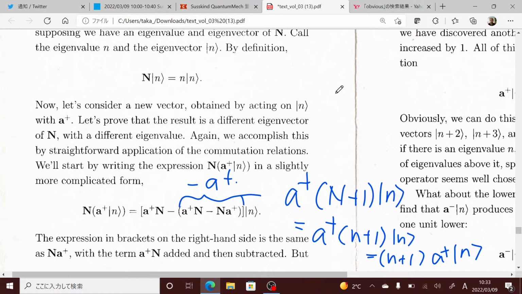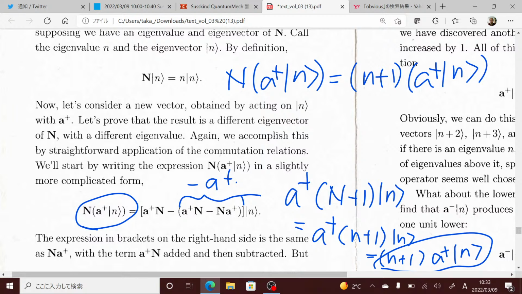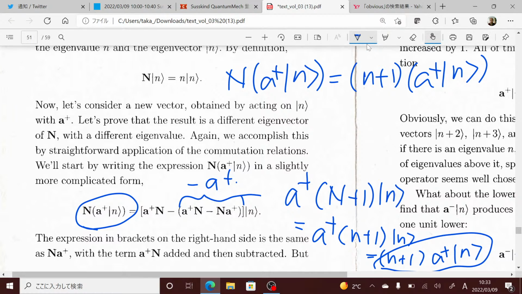Then you can compare this thing and this thing. So now you have n a plus n equal to n plus 1 a plus n. See? Then this is the eigenvalue problem.